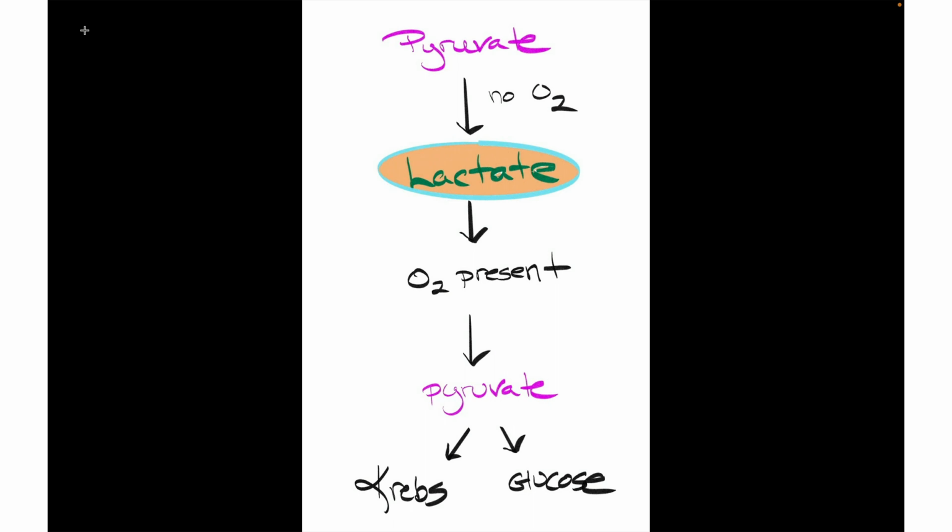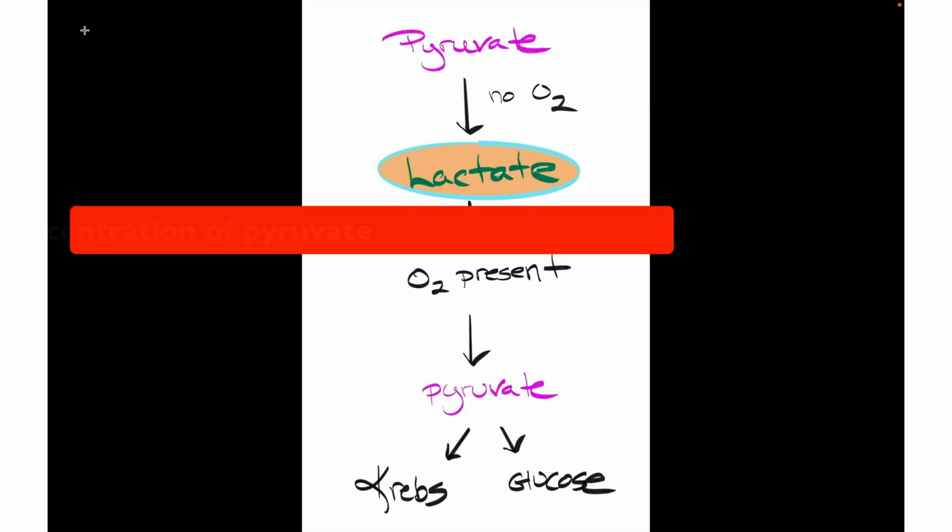The increasing levels of pyruvate concentration would shut off glycolysis. Glycolysis, or any metabolic process, is only going to proceed if the end product is in low concentrations. So with pyruvate being converted to lactate, that maintains low levels of pyruvate concentrations within the cell. So that is one huge function of lactate.